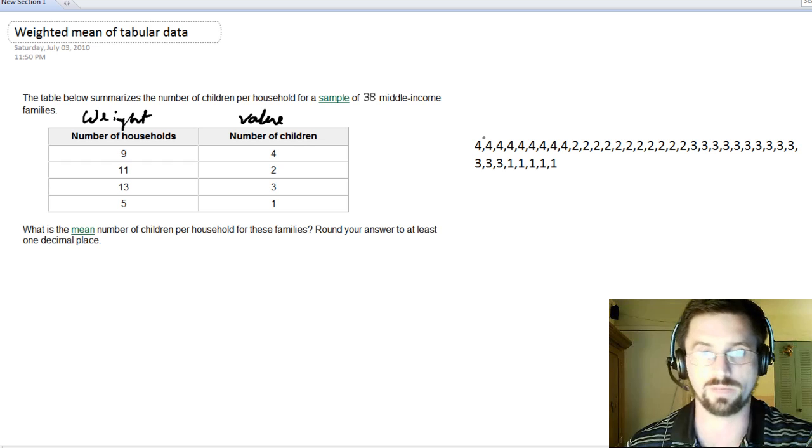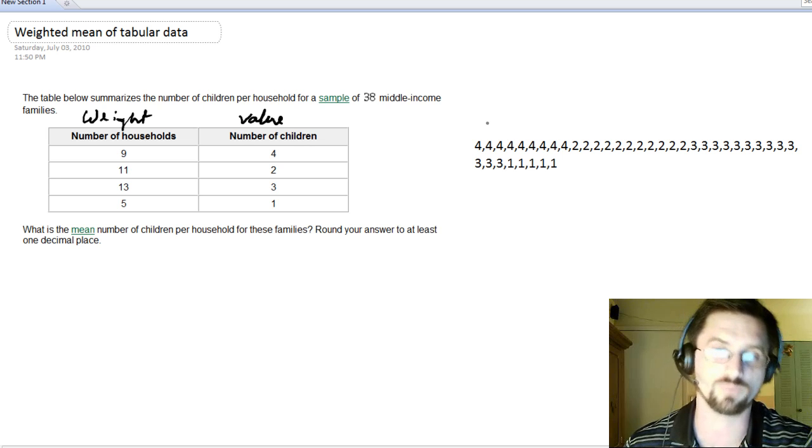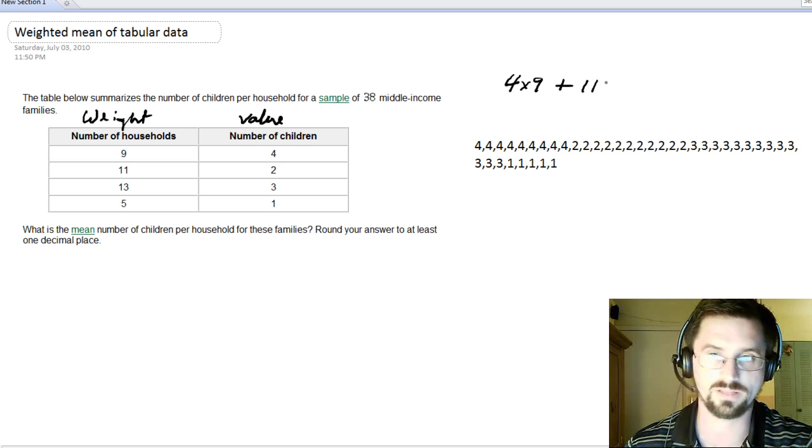So that would be 4 times 9 in the addition. Repeated addition, we'd be adding 4 9 times. Well, shorter way, we do 4 times 9. We do plus 11 times 2. Weight times value. Plus 13 times 3 plus 5 times 1.